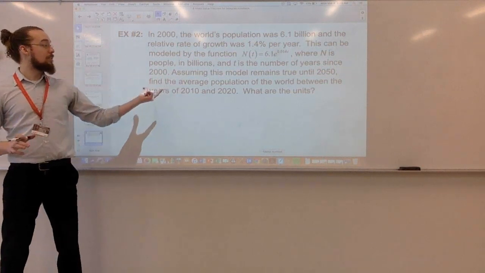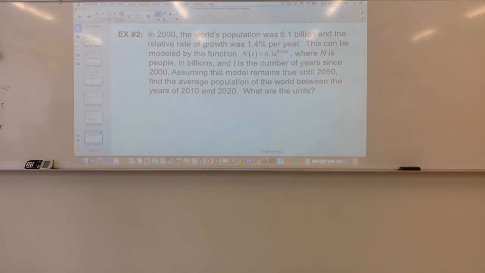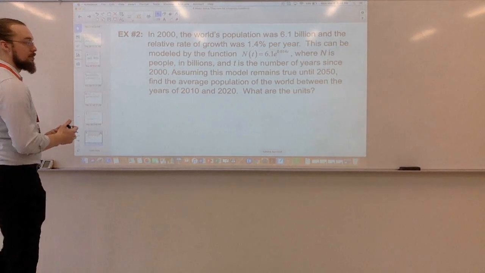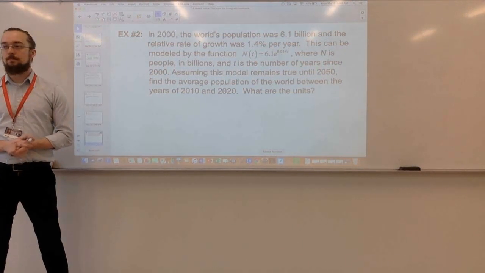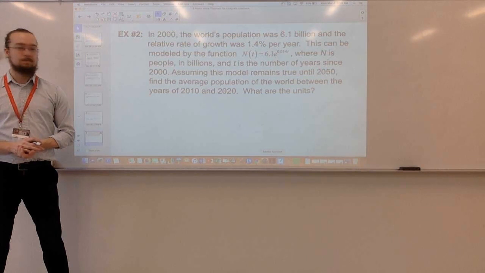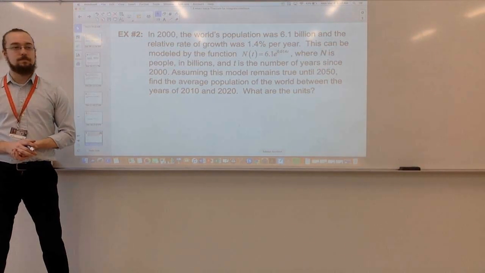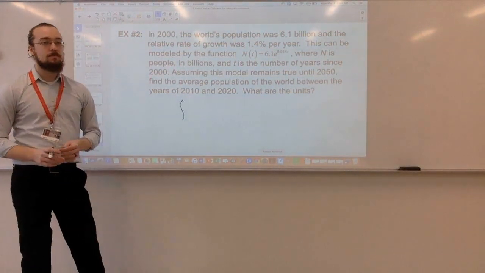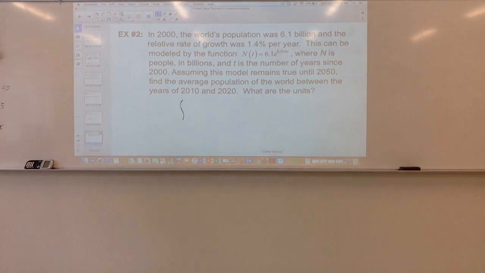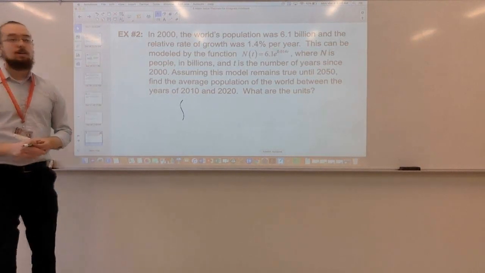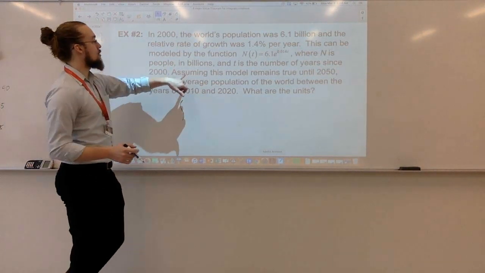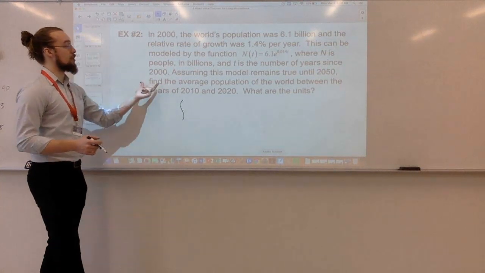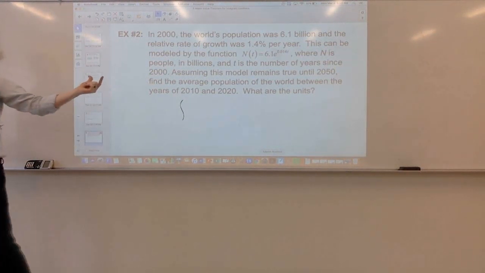So I'm finding average value, right? Average population. How would I set up my integral? What would that look like? Well, it tells us that t is the number of years since 2000.